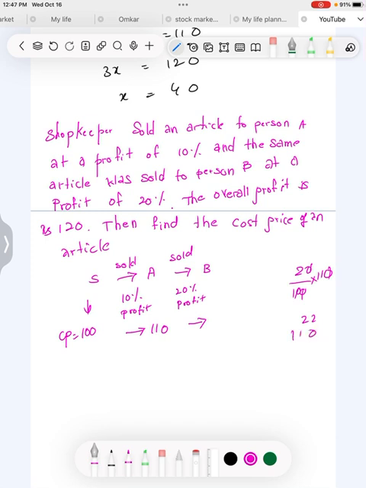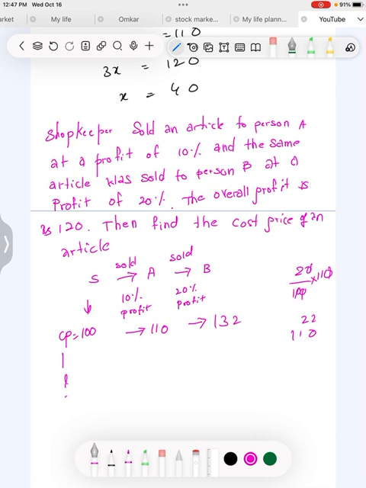That's it. He sold it with 20% profit to B. Then they are asking us to find this out, right? So what are they asking?